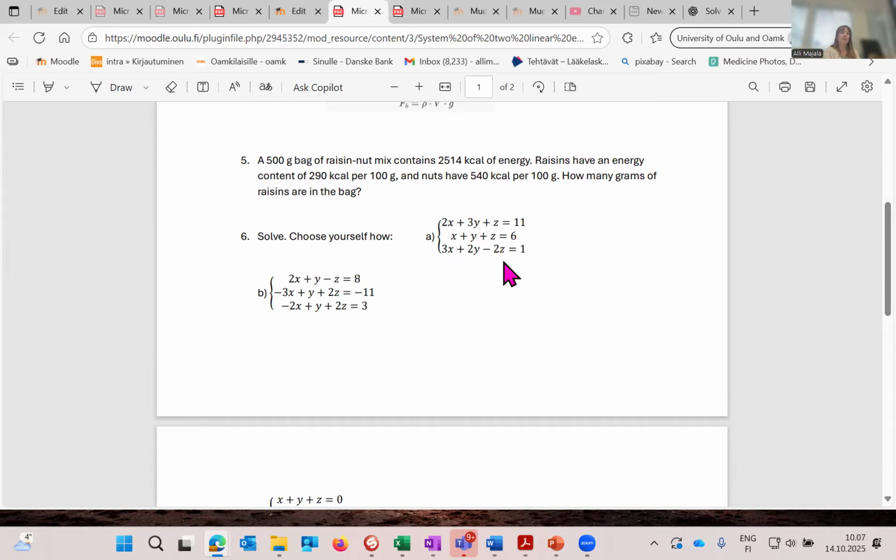Now, of course, you can still use the same. Here you need 3 equations, and then you have 3 variables. And then, of course, you can use the same methods to solve.